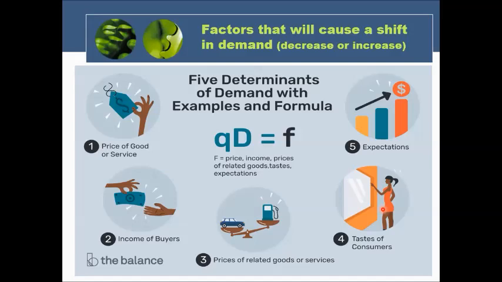Also, another factor is the expectation that the price of a product will increase. So there is an effect on the demand curve. Either it will decrease or increase. Especially if there is an expectation that the price will increase, like last time there was an increase in the prices of face shields and face masks.